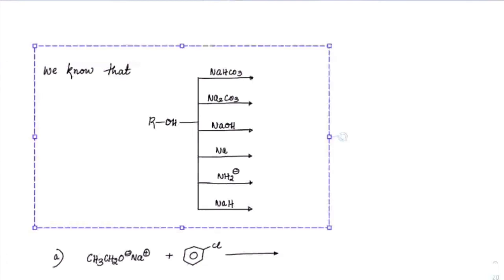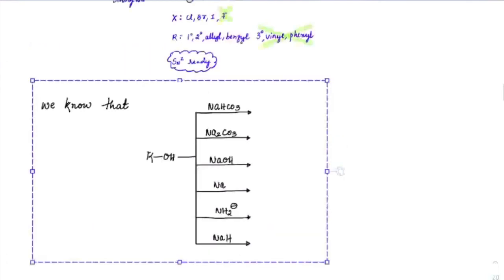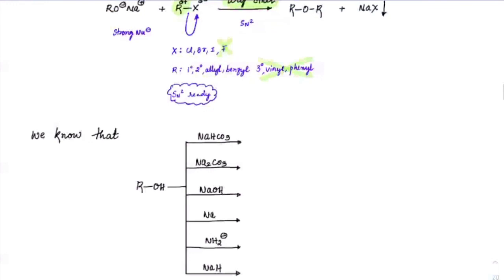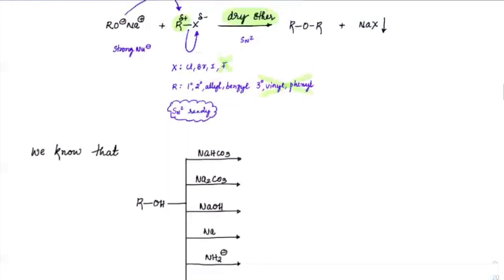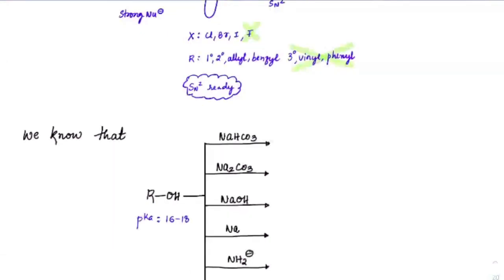Now to prepare this kind of an alkoxide, we take alcohol and react with this species and see which of them will give alkoxide. Again, this is a revision for you. The typical pKa value for alcohols is around 16 to 18, in some cases going up to 20.